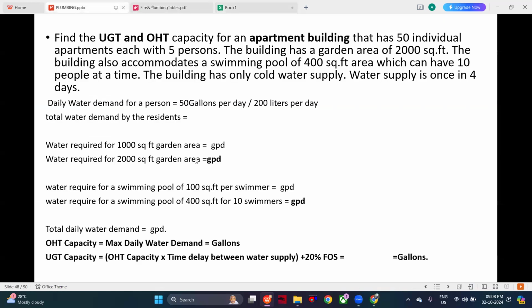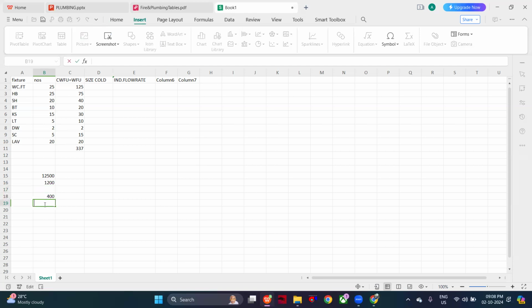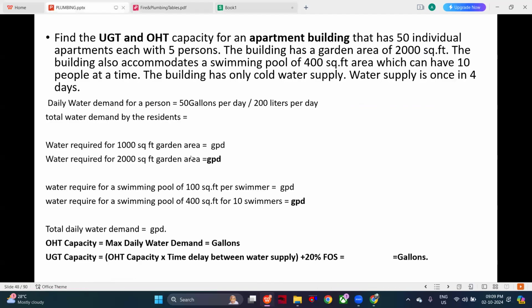Nothing more. Now add these up: 14,100 GPD is needed. So that is the OHT capacity, 14,100 gallons.